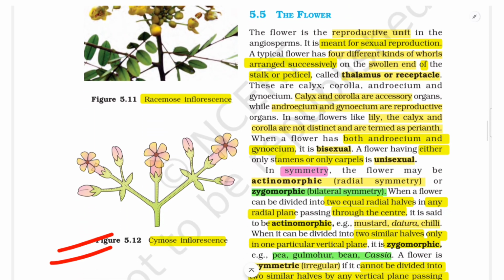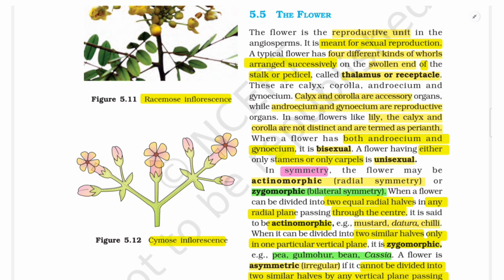5.5 The flower. The flower is the reproductive unit in the angiosperms. It is meant for sexual reproduction. A typical flower has four different kinds of whorls arranged successively on the swollen end of the stalk or pedicel, called thalamus or receptacle. These are calyx, corolla, androecium, and gynoecium.